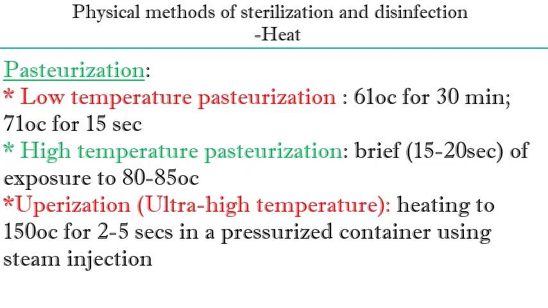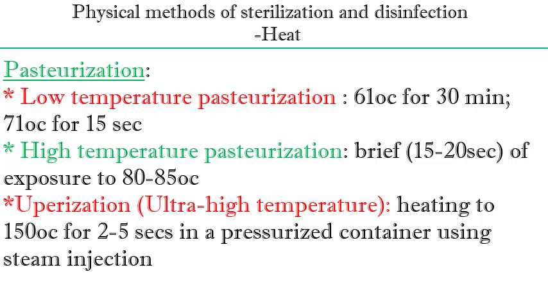In low temperature pasteurization, 61 degrees Celsius for 30 minutes or 71 degrees Celsius for 15 seconds must be applied. In high temperature pasteurization, a brief 15 to 20 second exposure of materials to 80 to 85 degrees Celsius in continuous operation is used.